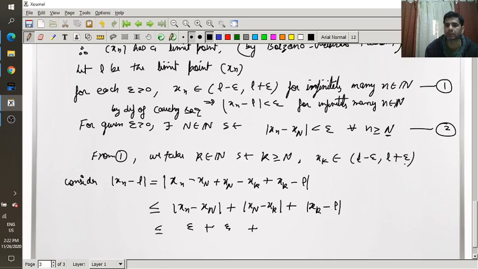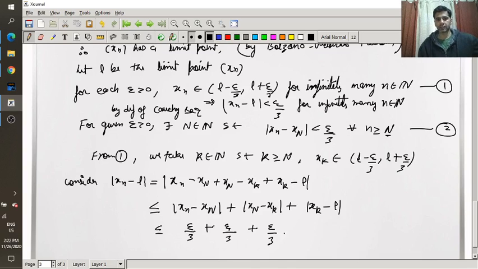It belongs to (L minus epsilon, L plus epsilon), so by using 1 we can write it as epsilon. But we have 3 epsilons, so the answer will be 3 epsilon. So in order to make it epsilon, we will divide it by 3. So I will replace all epsilon with epsilon by 3.